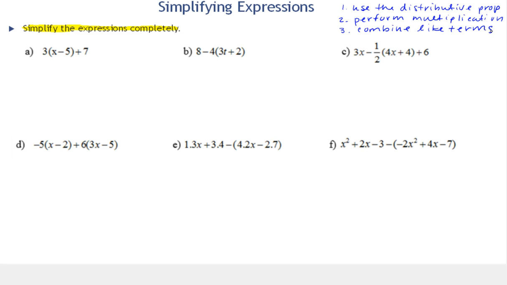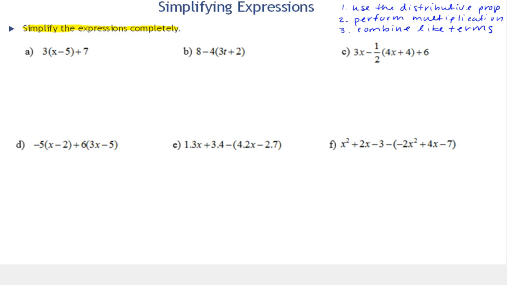So let's look at the first problem. We have the product of 3 and the sum of the difference between x and 5 plus 7. Notice here, this is why we start with the distributive property. The only thing we could do right now is multiply using the distributive property. There's no like terms that we can combine. And also it's easier just to combine the like terms at the end once you have everything written as sums and differences.